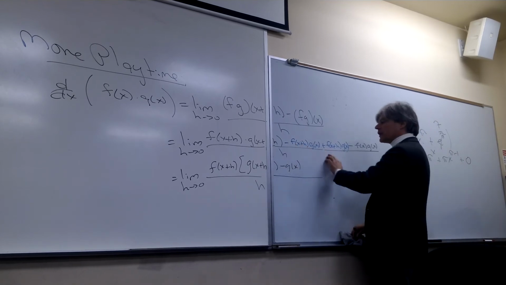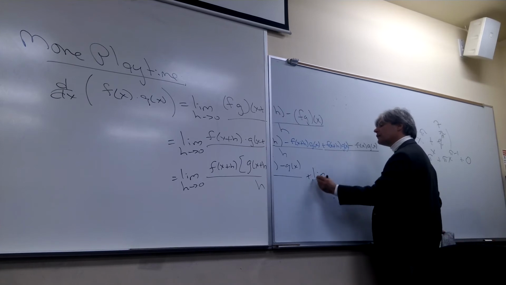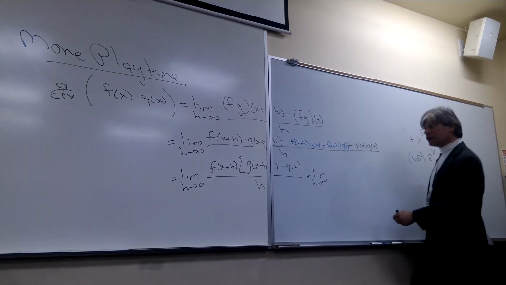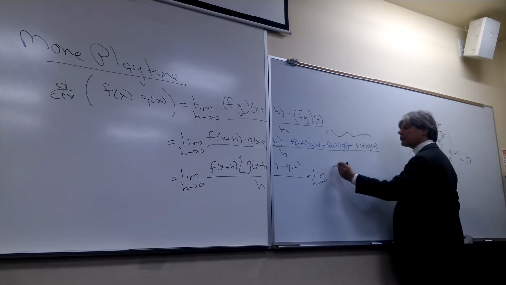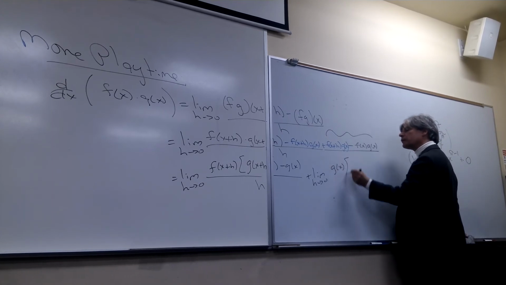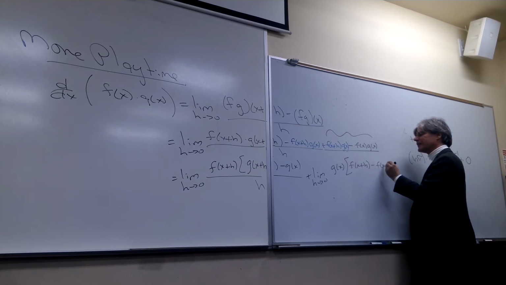Now, the limit of a sum is the sum of two limits, so let me split up the two limits, plus the limit as h goes to 0 of, actually, if you take a peek at these two terms, you guys, something else happens. I got a common factor g of x, I can pull it out. And here's what's left over. Oh, I heard some grunts. You see it.